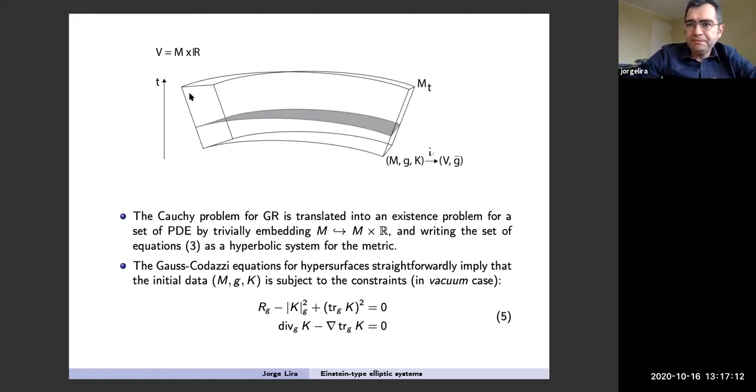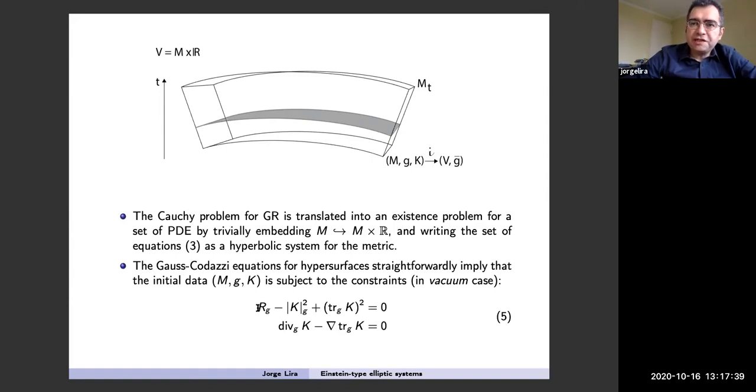Then, combining the field equations and the Gauss-Codazzi equations, we can obtain, for instance, this pair of equations at the bottom of the page. So in order to satisfy at the same time the constraints given by the compatibility equations and the field equations, in terms of the spatial components, you have these two constraints here.